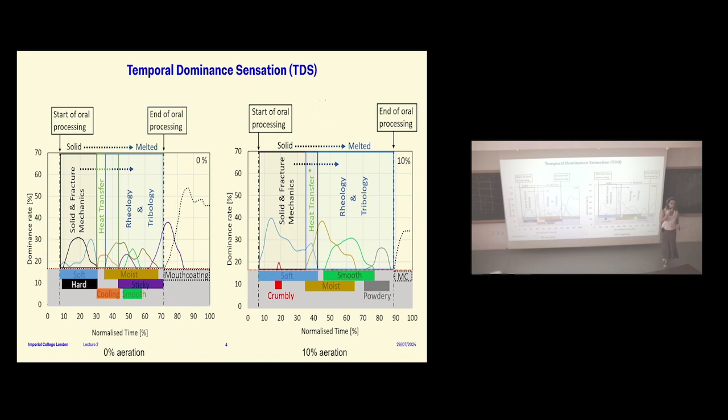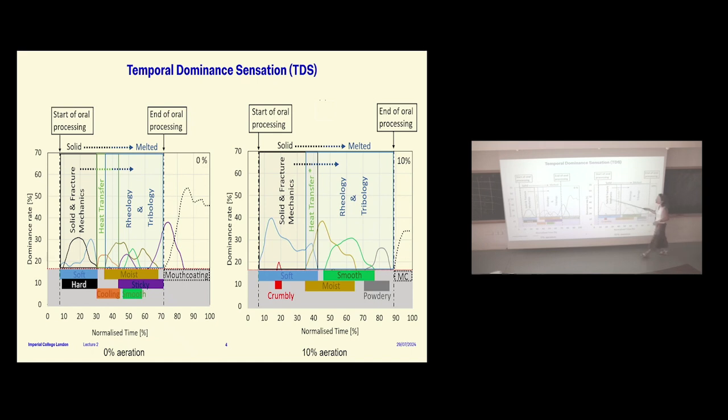And at any time, they can press one of those buttons to say that that's the dominant perception perceived at this particular time, okay? And then it gets recorded. And this axis here is dominance rate, how many of the people chose that particular sensation at that time. If they choose another sensation, then the previous one stops. And this is how these things finish and start and so on.